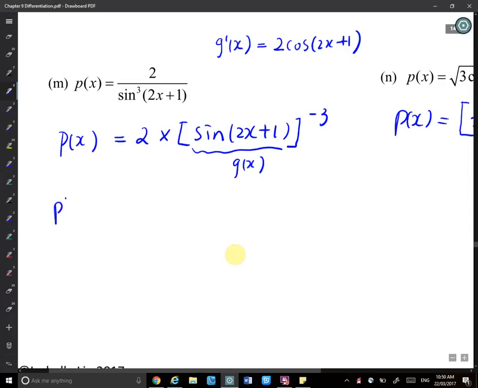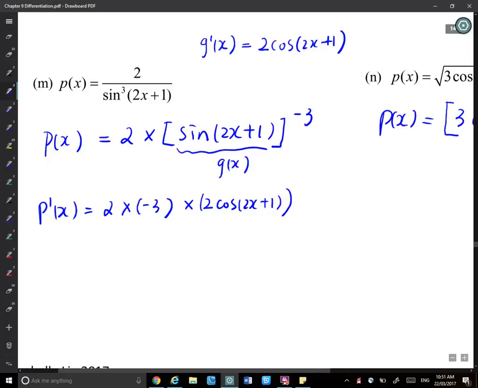So what is p dash x? The 2 will still be here. The first thing is you need to get the power down, times the power, which is negative 3. Then you derive this g(x), so you have 2 cosine 2x plus 1. And what's the last thing?